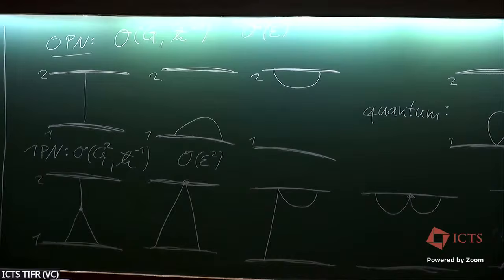I guess you could also move this vertex over here and this vertex over here and things like that. But I think you know how this goes. Does anyone see further quantum diagrams? It's also not so important for this calculation.